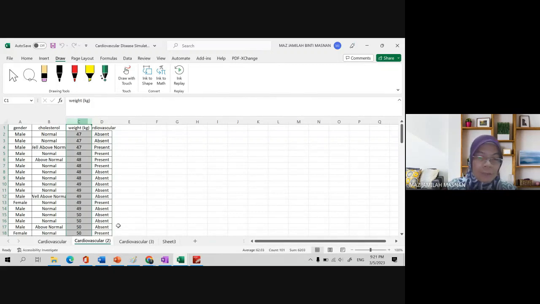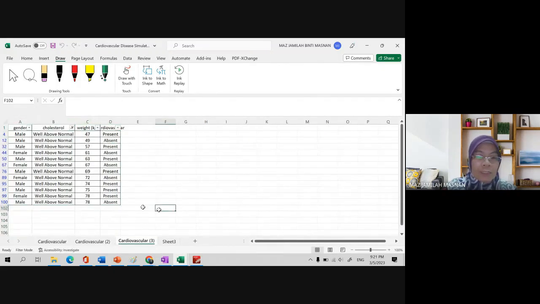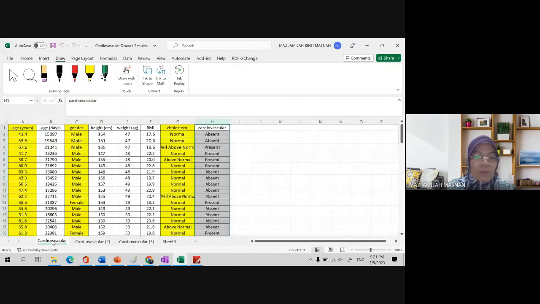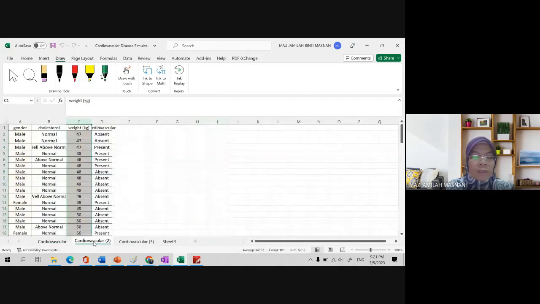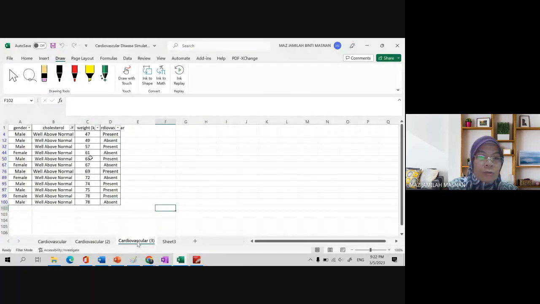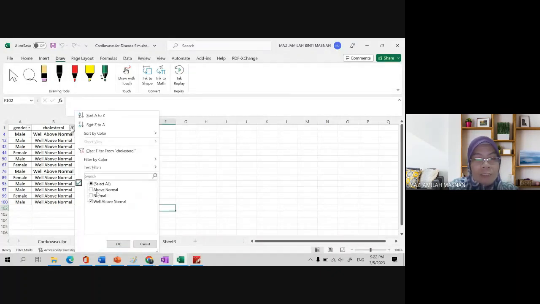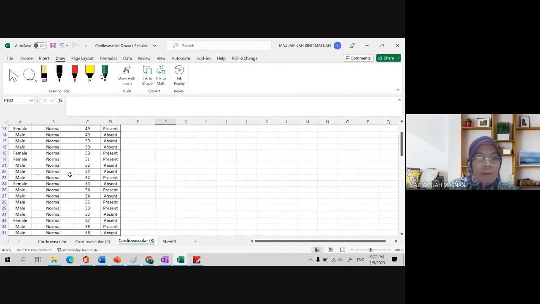If I were to show you the last sheet that I already filtered, this is my first original table. After I filter the variables that will be included in my assignment, I filter again those four. Add this filter button so that I can see one by one for each group. If I show the normal, I can have all the normal.